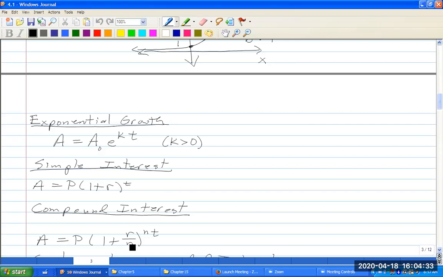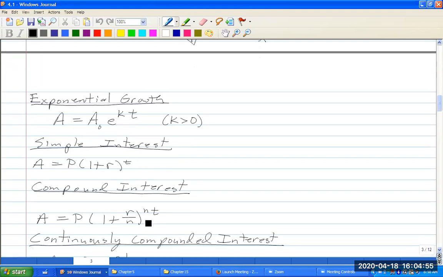Suppose I compound this n times over a period. Usually the period is per annum, annually, per year. And so n is usually the number of compound periods per year. It doesn't necessarily have to be, but many times that's what we define it as.